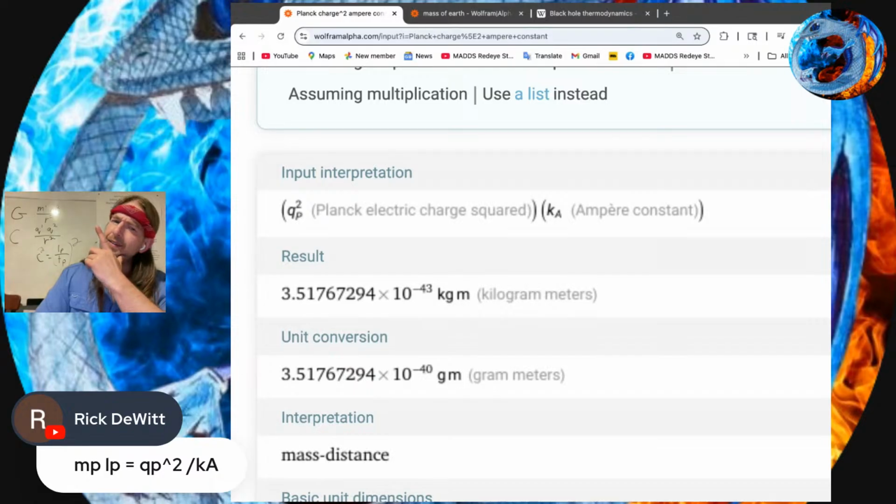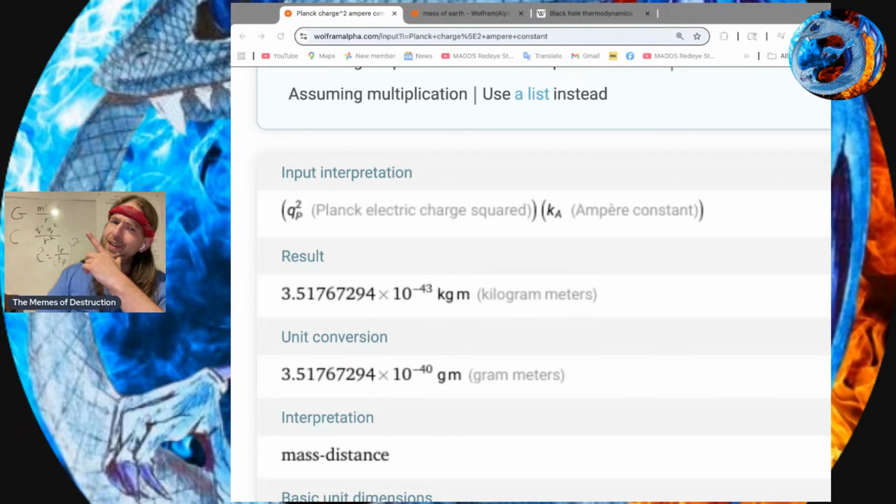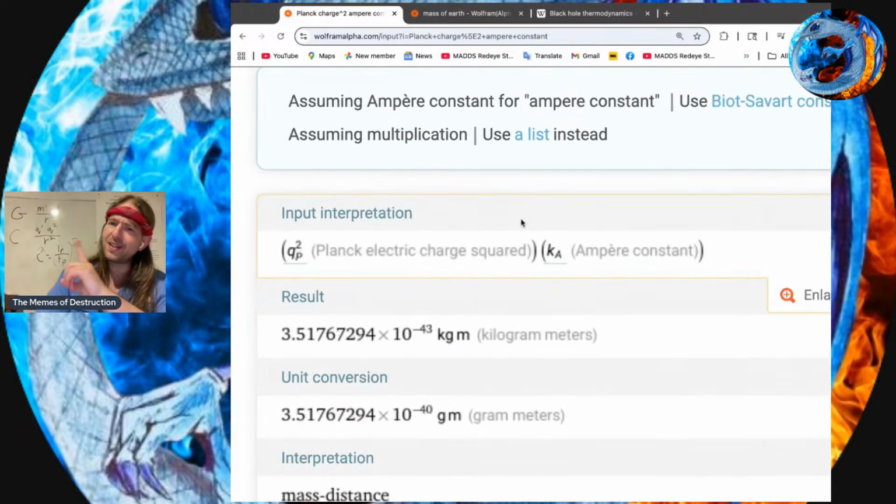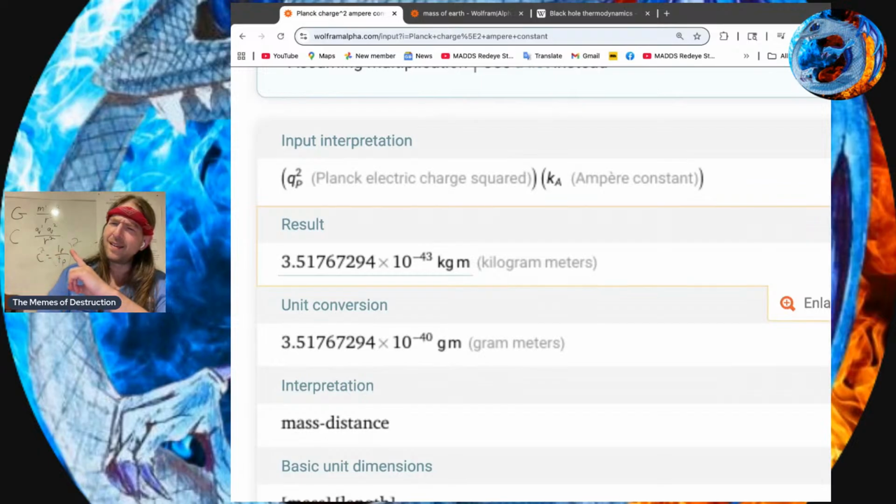So, okay, it's Planck charge times Planck charge times Ampere's constant is mass distance. Huh, that's interesting.